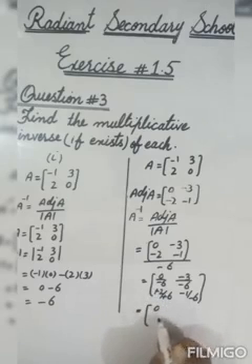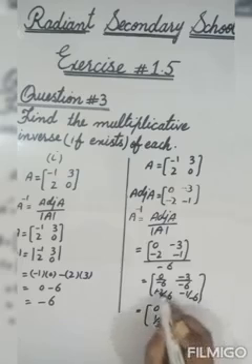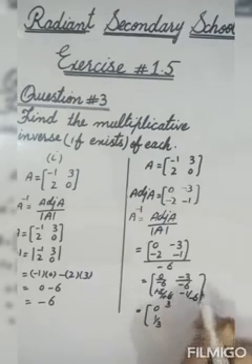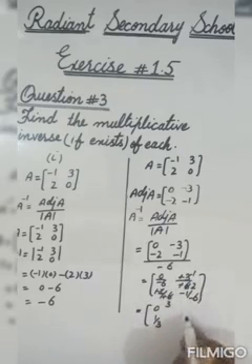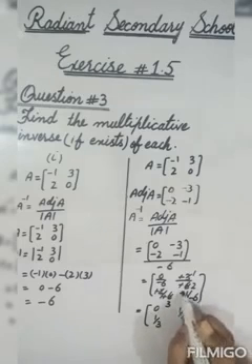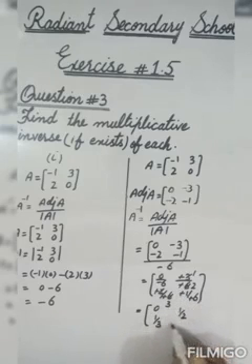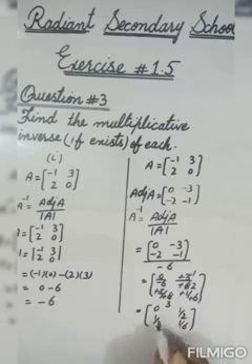Minus cancels with minus and the answer is 1 by 3 because 2 1s are 2 and 2 3s are 6. Minus cancels with minus, 3 1s are 3 and 3 2s are 6. Finally, the answer is 1 by 2. Minus cancels with minus and 1 by 6 remains as it is. So, 0, 1 by 3, 1 by 2, 1 by 6 is the answer of the multiplicative inverse of A.